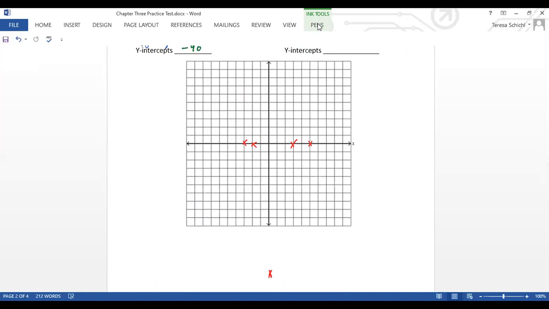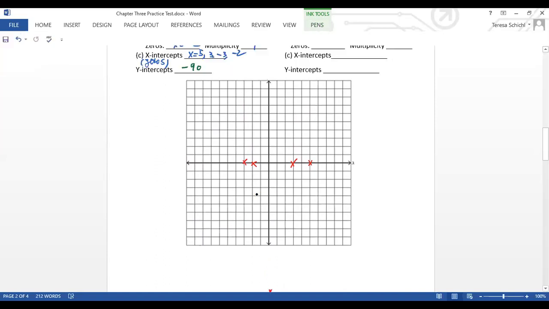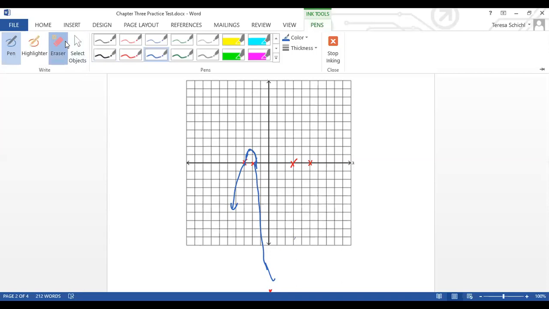Okay, so now let's try to graph it. Of course, I cannot graph it very precisely, but I know both ends have to go down. So I start this end going down, passing through this zero. It reaches some point and then needs to come down again to pass through here, and then go all the way to touch the y-intercept. This is a terrible drawing.